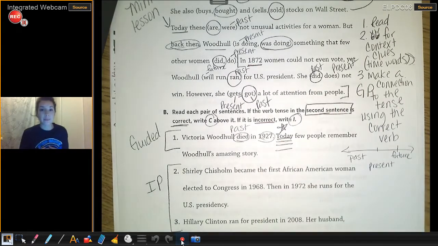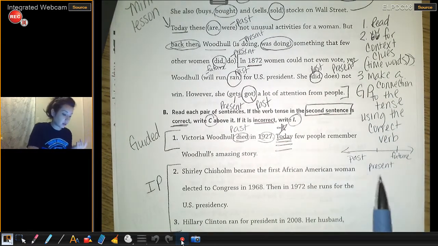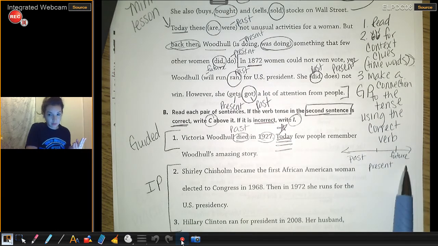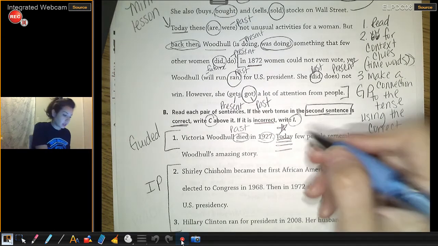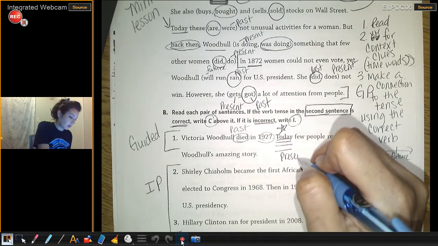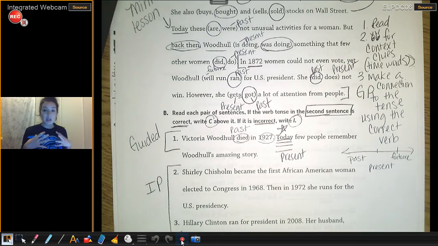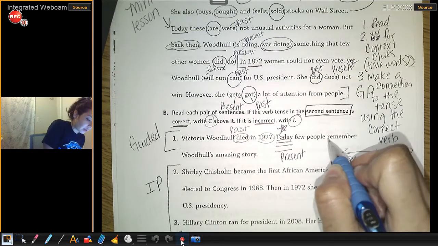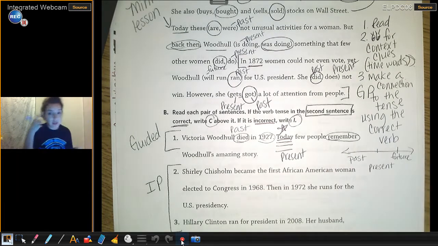When is today? What tense? Do you think it's past, present, future? It's present, right? It's happening right now. Now look at the action word. Which one is the action word? It is remember. Okay, that's an action. When you remember something, that's an action. Now, is this action word in the correct tense?